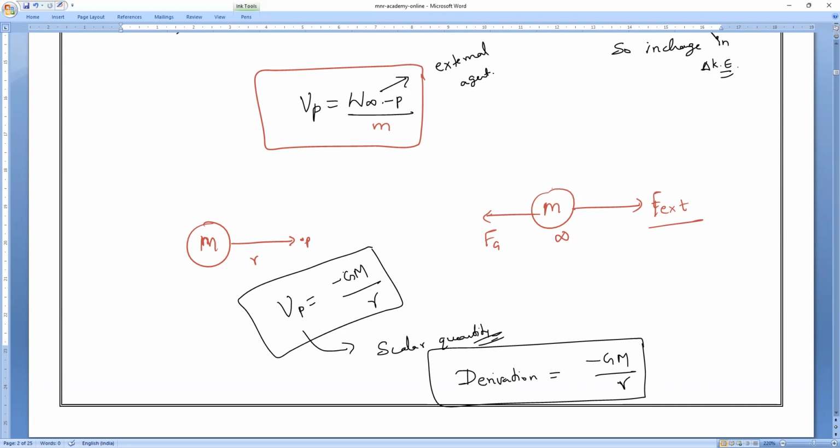Any doubt, guys, in this? You can ask me, or else ask after. Any doubt, anybody? Yes, Pradosh. Clear, any doubt, you can ask me, or else we'll proceed further. Please make sure of it. So Vp, the potential at a point, is a scalar quantity, and the derivation is minus Gm by R. So that is the formula. Any doubt, anybody? Are you clear, everybody?